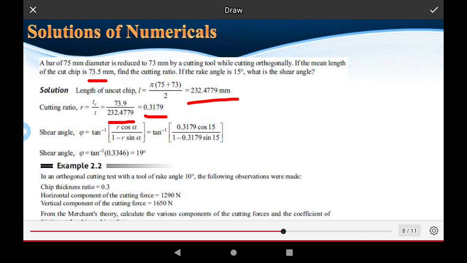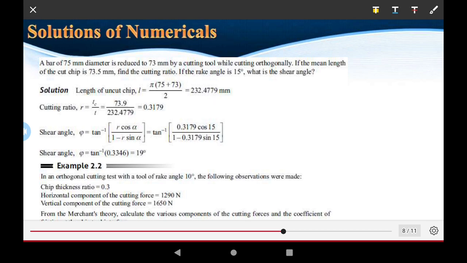Okay, so the shear angle formula is phi is equal to tan inverse of r cos alpha upon 1 minus r sin alpha. Put in the r value and the angle of 15 degrees. This value is 5. The shear angle phi is tan inverse of 0.3346, which is 19 degrees. Okay.